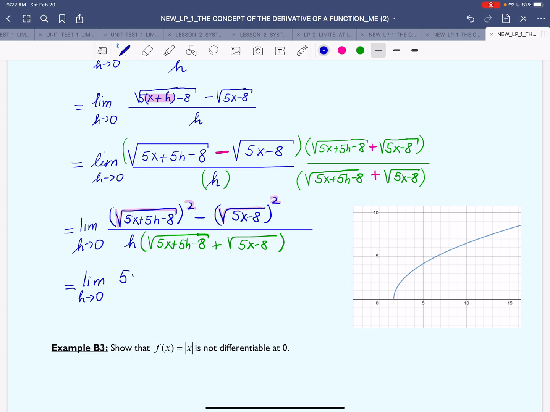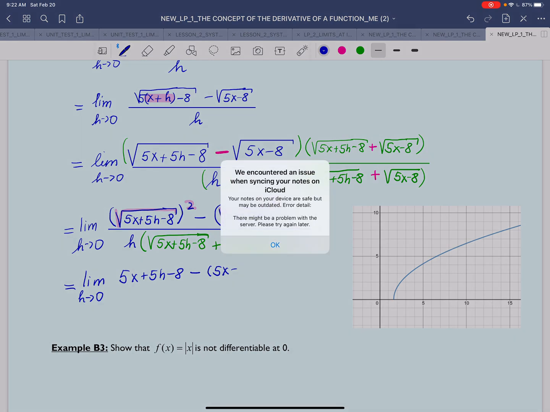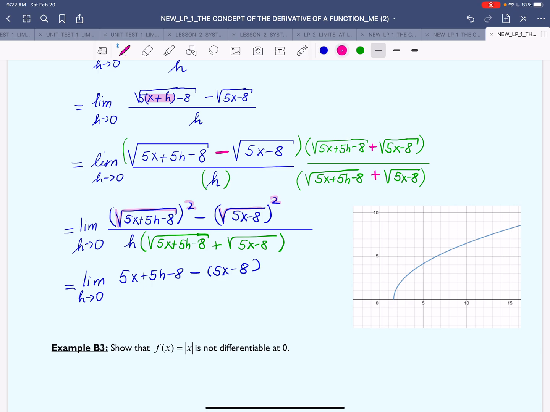So now we have 5x plus 5h minus 8 minus 5x minus 8. I will emphasize again one more time that you have a minus here, and you're minusing a binomial, so you got to keep that binomial in brackets. It's a source of many innocent mistakes.